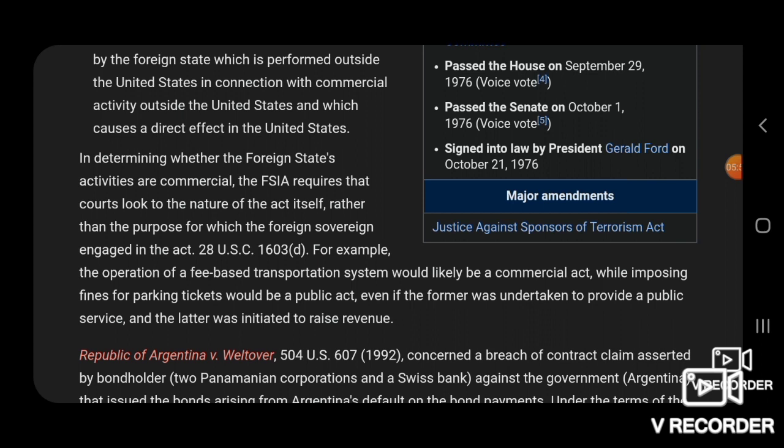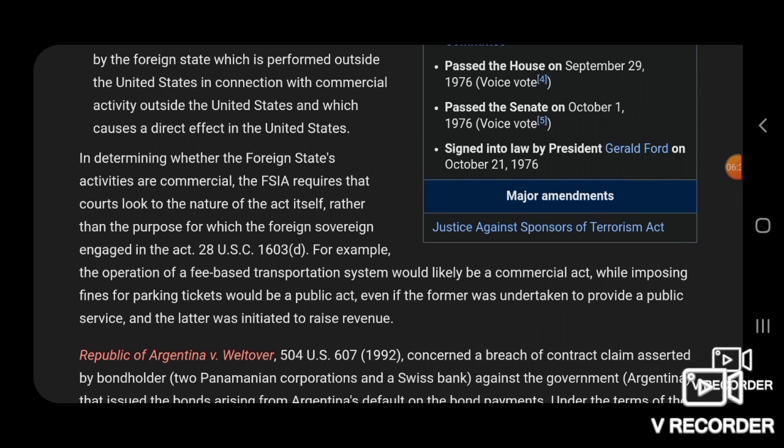Now I'm going to show you something. That nature of the act is very important because the nature of the act, when described in a party's claim, is what matters in the application of the Foreign Sovereign Immunities Act's commercial activity exception. I'm going to say that more plainly.